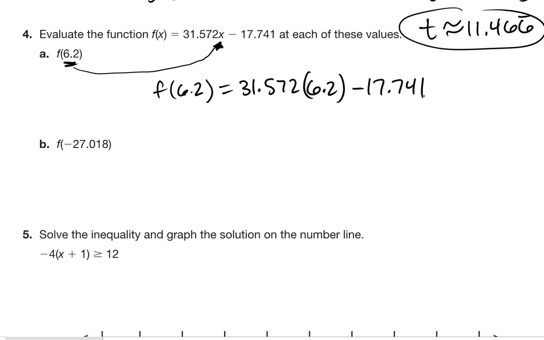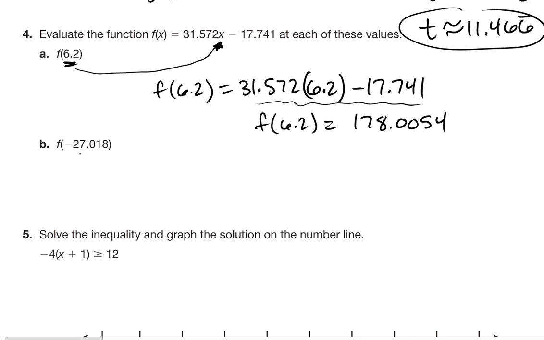I encourage you to grab a calculator, check that out, evaluate it. But you should get something very close to f at 6.2 would equal, when I evaluate the right-hand side here, 178.0054.